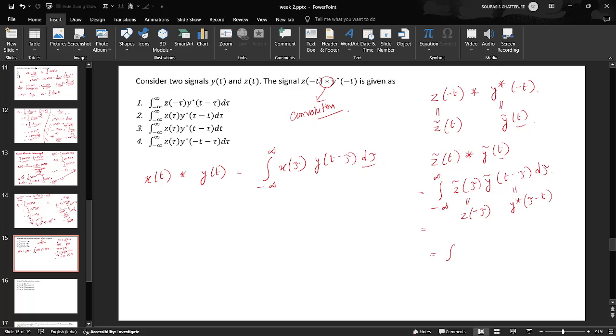So we'll have the integral from minus infinity to infinity of z of minus tau y star of tau minus t d tau.